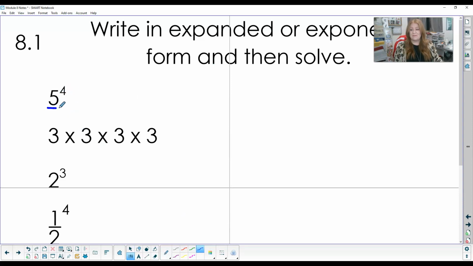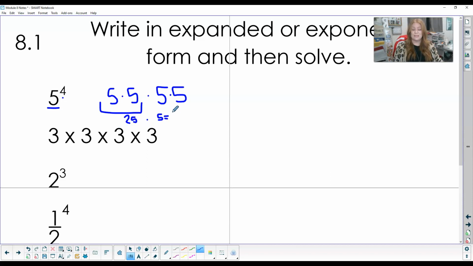This means I have 5 4 times. 5 times 5 times 5 times 5. So I need to do 5 times 5, which is 25. I'm timesing that by 5 again, think quarters. 25, 50, 75, 100, 125.